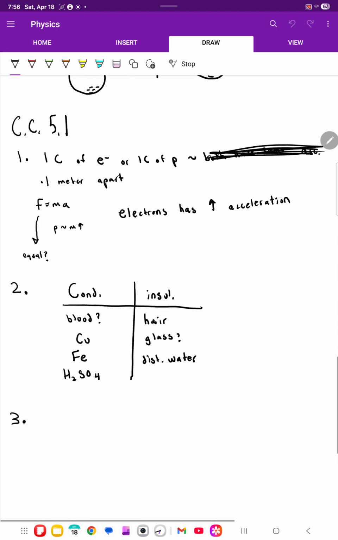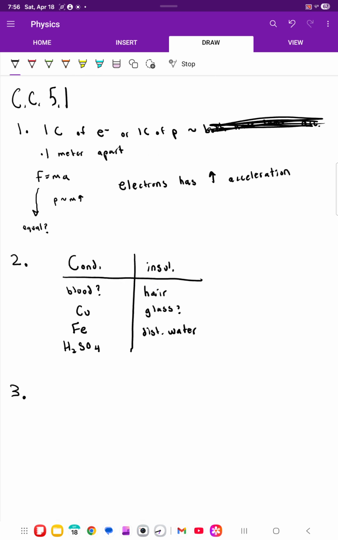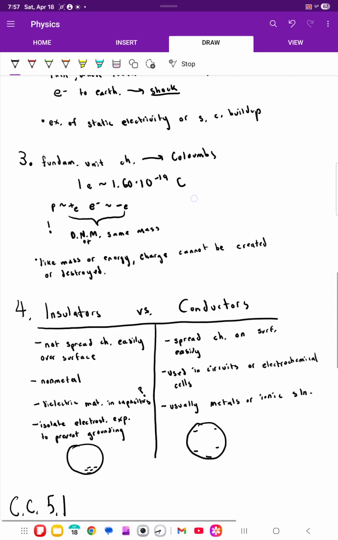And 3, let's see. What's the net charge of an object with 1 coulomb of electrons and 3 moles of neutrons?